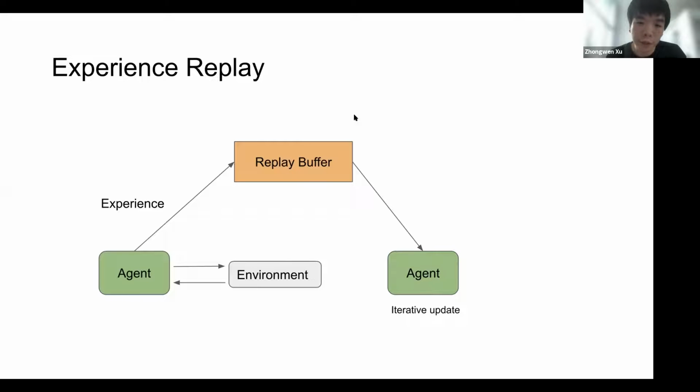From this part, the iterated loop is very similar to supervised learning. In supervised learning, the model or the neural network iterates over a data set. So the replay buffer here acts in a similar role as the data set. The agent can construct a loss and then iterate over the replay buffer.